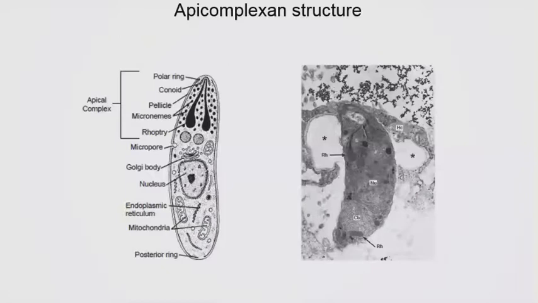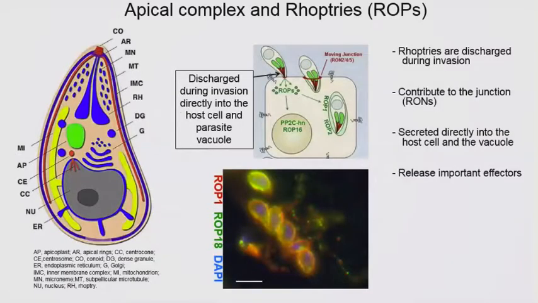So this is outlined a little bit better here in a cartoon. We've got these big bulbs here called Rhoptries, and then these smaller microneme dots. They're both secreted upon attachment and invasion. So for instance, this is Toxoplasma attaching to a host cell. It reorients itself on the apical end, and as it does that, it secretes micronemes and Rhoptries and forms this moving junction.